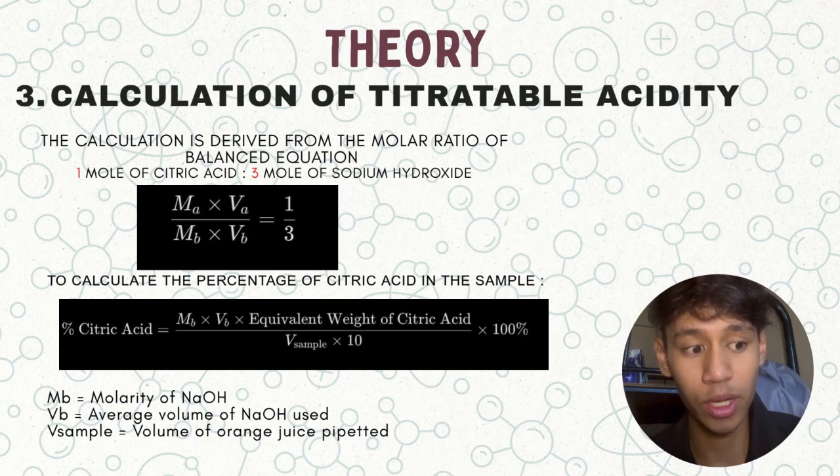To calculate the percentage of citric acid in the sample, we use: percentage citric acid equals Mb times Vb times equivalent weight of citric acid over V sample times 10 times 100%. Mb refers to the molarity of sodium hydroxide, Vb refers to the average volume of sodium hydroxide used, and V sample refers to the volume of orange juice which we pipette.